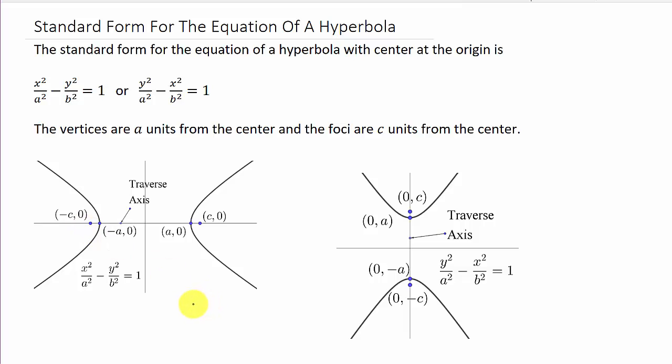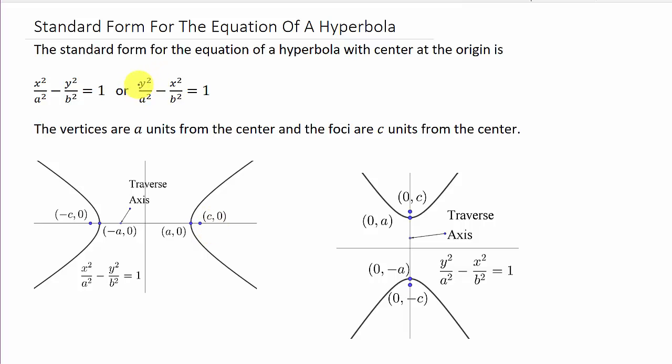Okay, and same thing here. Notice here the a is under the y, so a is how far we go up and down from the center. When it's under the x, it's how far we go left and right. Alright, so if we got x squared over a squared minus y squared over b squared, notice the x term is before the y term, then that hyperbola is going to open left and right.